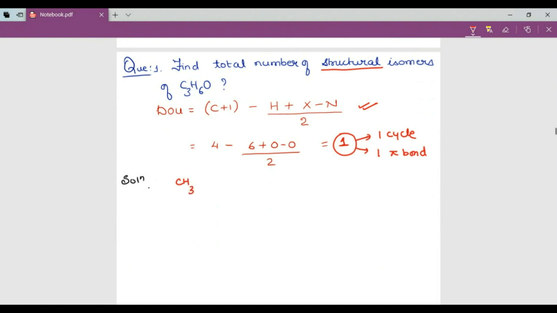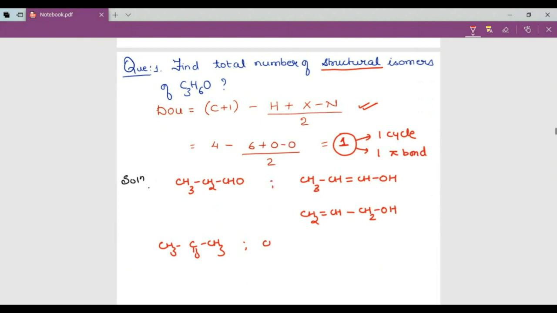So CH3, CH2, CHO. And yes, you have to include the tautomers as a type of isomers. You cannot exclude them. It is a type of structural isomer for a particular molecule. Okay. CH2 double bond CH single bond CH2OH. CH3COCH3.